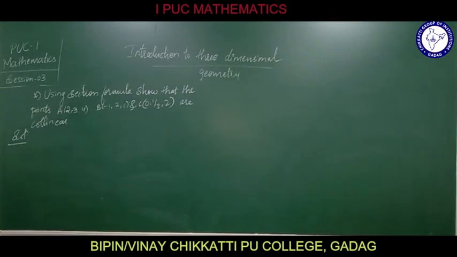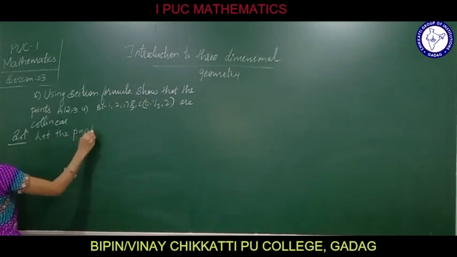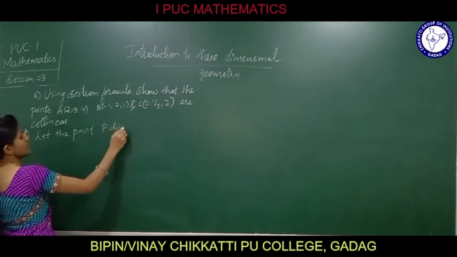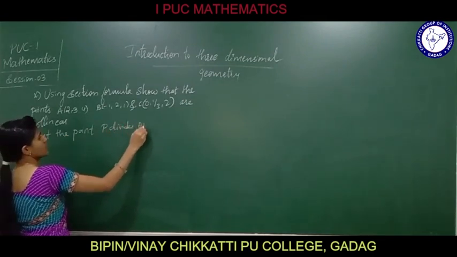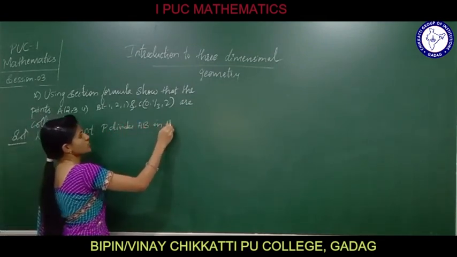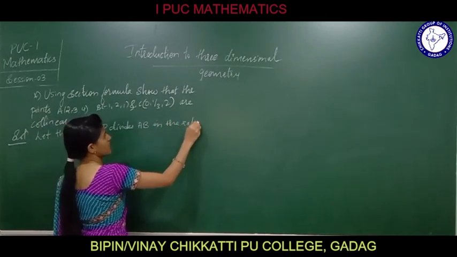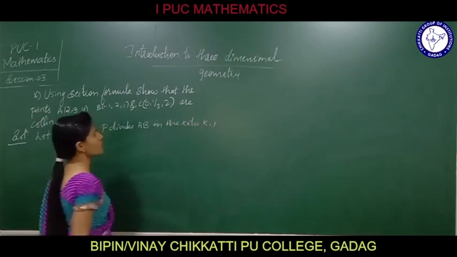So what we shall consider is, let the point P divide AB in the ratio k:1.